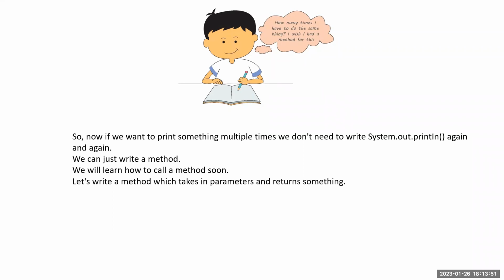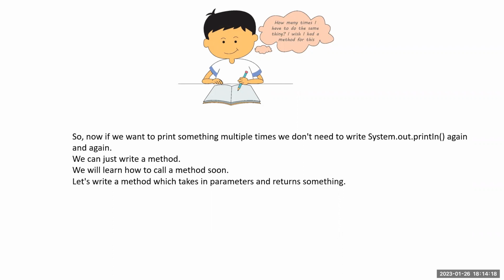It might call the console class, create a console object, and start writing letter by letter into the console. All those steps are hidden inside this method. That's why Java gave you a method called println that we can use.